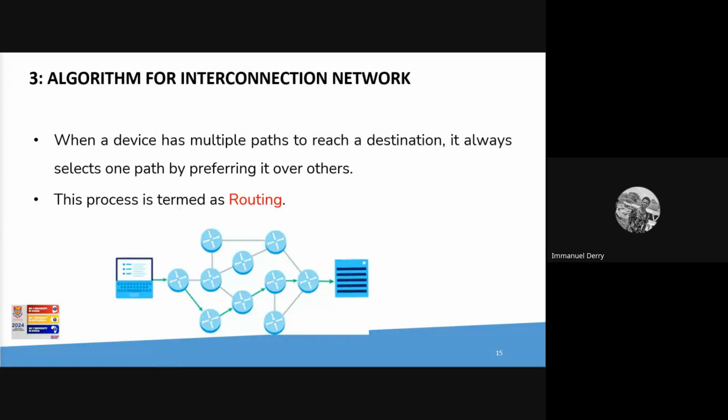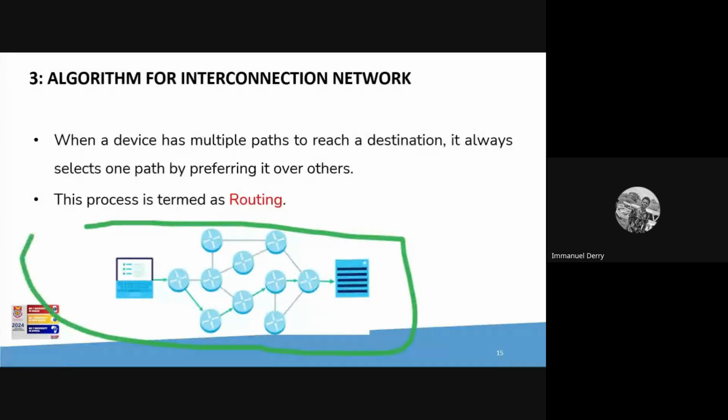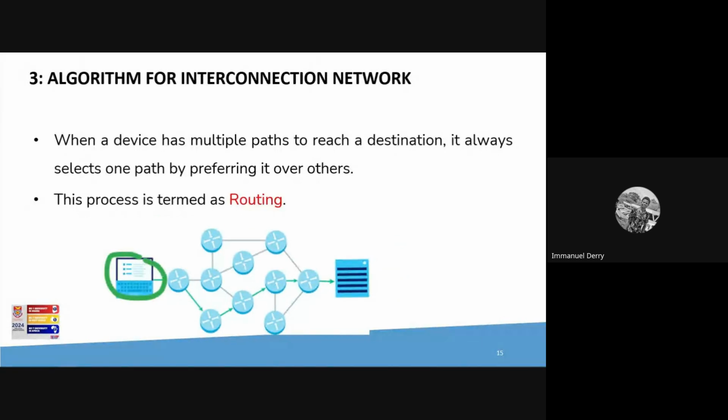All right, so what I'm saying is that some of your colleagues said the network involves a connection of several devices, most preferably to share resources. This is an example of a network setup where we have this computer over here and other devices over here. These devices can be routers, switches, or other devices like computers and laptops. And this is the server that we have. If we try to share resources from our computer to the server, we need to choose a route.